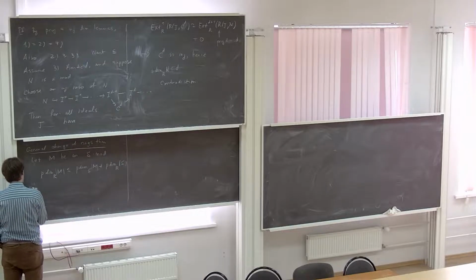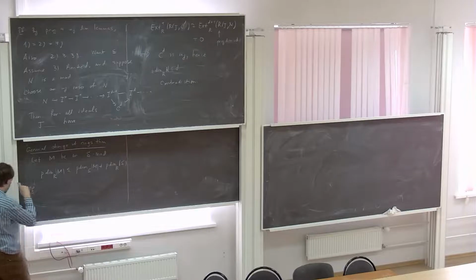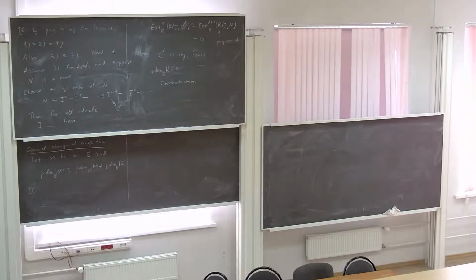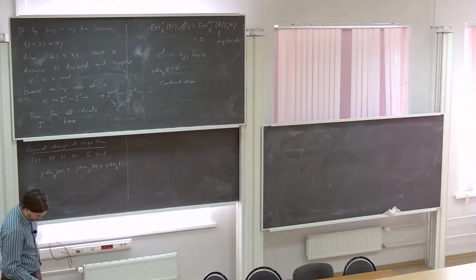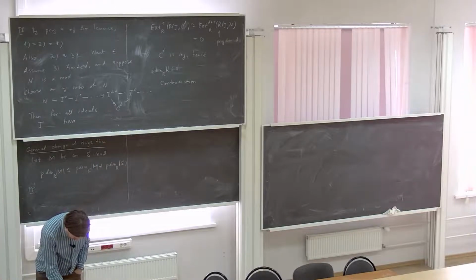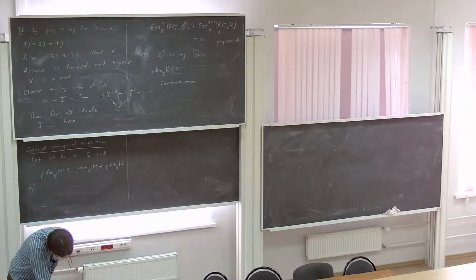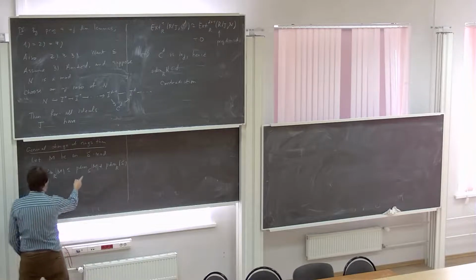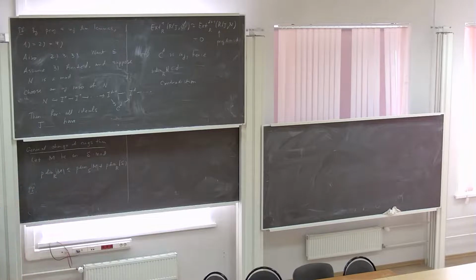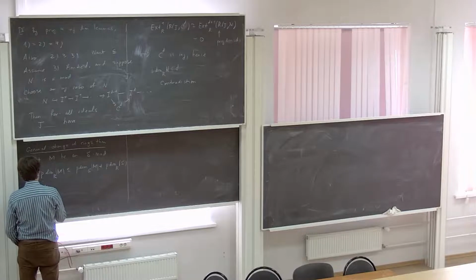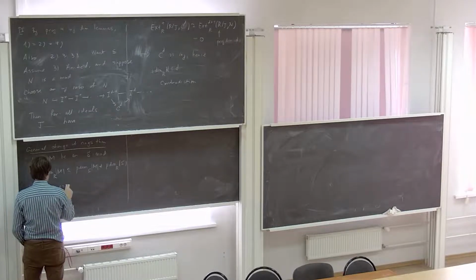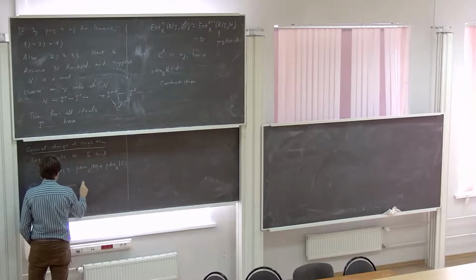So proof, it's going to use this horseshoe lemma about how to piece together projective resolutions. So if either of these two is infinite, then of course it's bigger than whatever's on the left-hand side. Okay? So we may assume the right-hand side is finite.